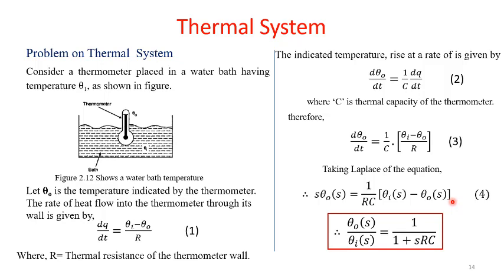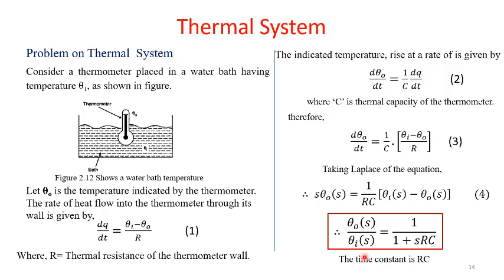The output is θ0(s) and the input is θi(s). That is, the output is the indicated temperature and θi is the inlet water temperature. So after rearranging, we get 1 divided by 1 plus sRC, where RC is the product of the thermal resistance and the thermal capacitance.